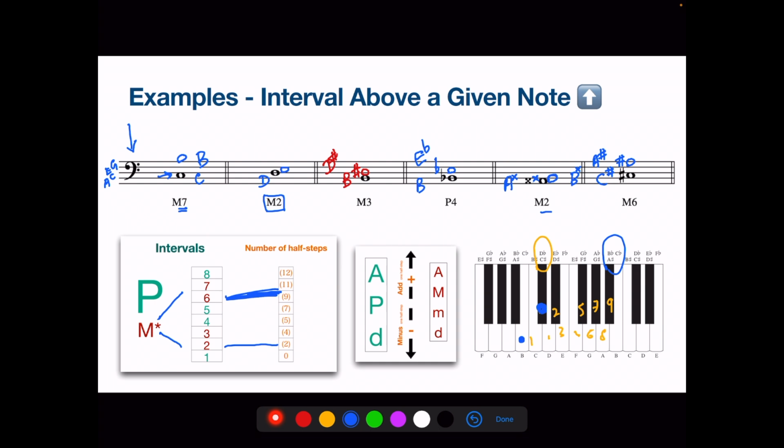Well, I'm realizing one thing. The examples that I picked don't really have those diminished or augmented intervals. So maybe let me just delete all of this, and then let's try an augmented and a diminished.